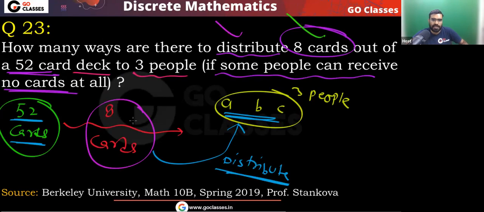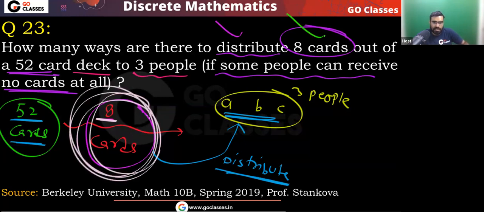Now, once you have these 8 cards, each card has how many choices? Each card has 3 choices. Either it can go to A, or to B, or to C. Is it possible that some card does not go to anyone?